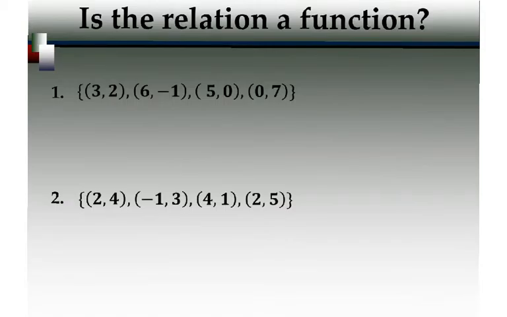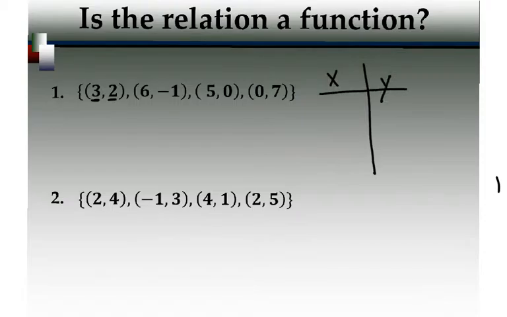So here are two relations, and we are asked to tell whether it's a function or not a function. A good way to do this is draw a table of values of what you have here. These are my x values, these are my y values. So in a table, I'm going to draw x and y.